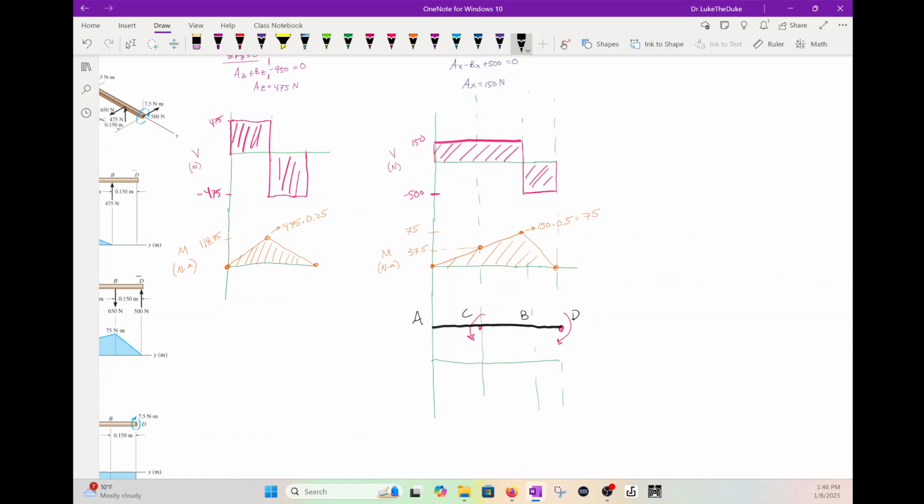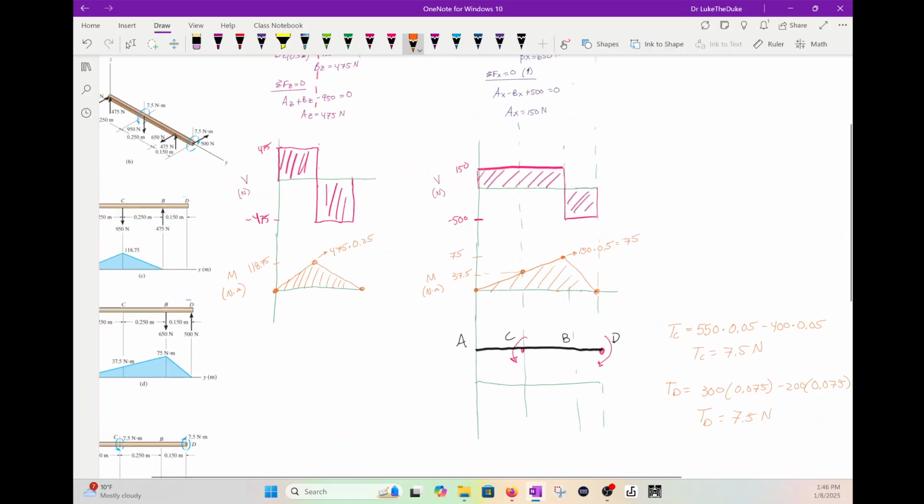So how do we find the torque at C? Well, you take 550 times 0.05 minus 400 times 0.05, and you get 7.5 newton meters. Torque at D, 300 times 0.075 minus 200 times 0.075, and this torque becomes 7.5 newton meters as well.